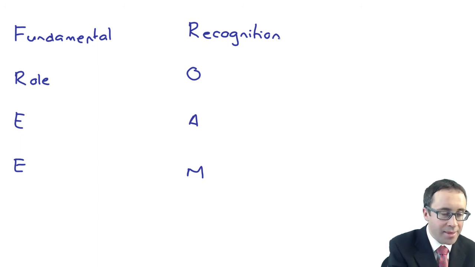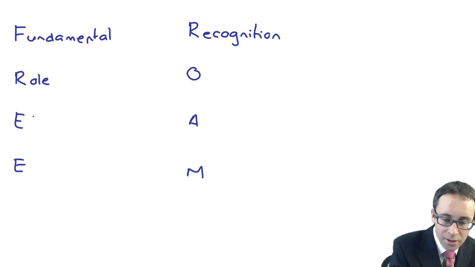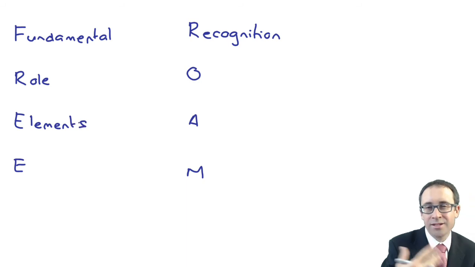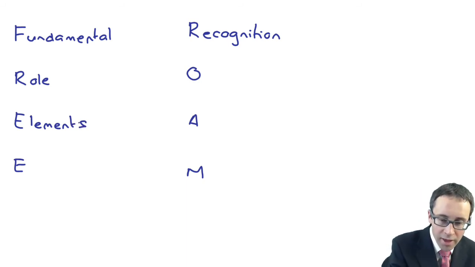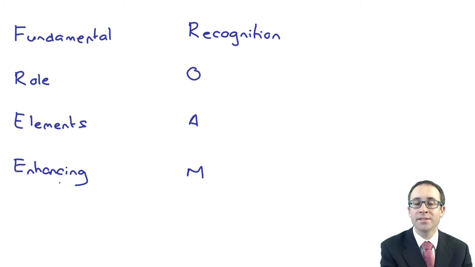E, again, that's going to be a little bit challenging. You've got the elements: assets, liabilities, equity, income, expenditure. The other E is the enhancing qualitative characteristics.